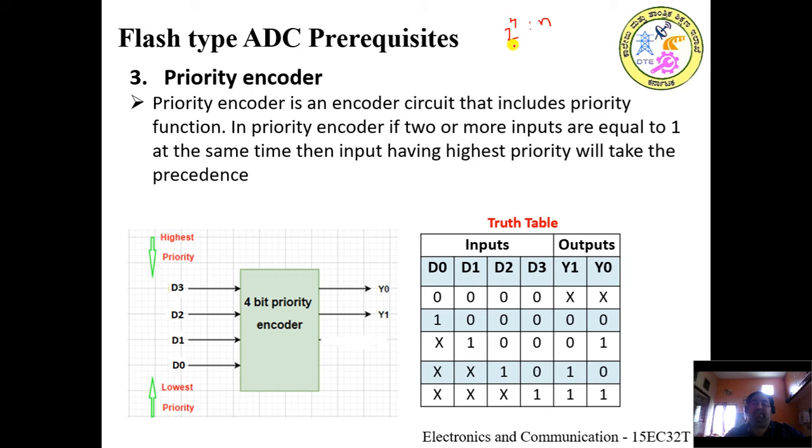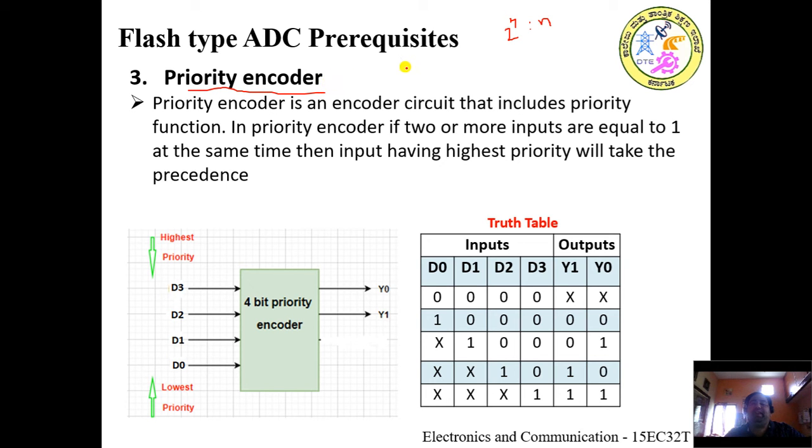In such scenarios, the standard encoder may not give the proper output, or it may not function properly. In such cases, whenever more than one input of an encoder is in the active high state, a special kind of encoder is used, which is known as a priority encoder.